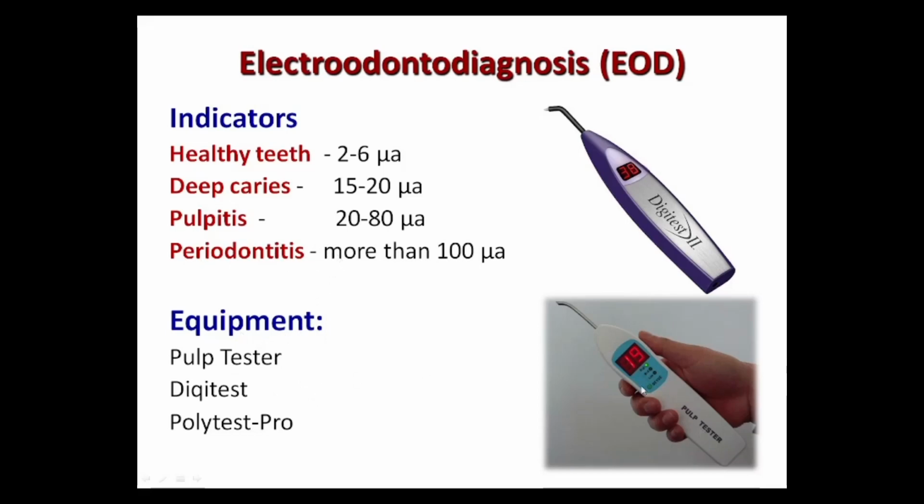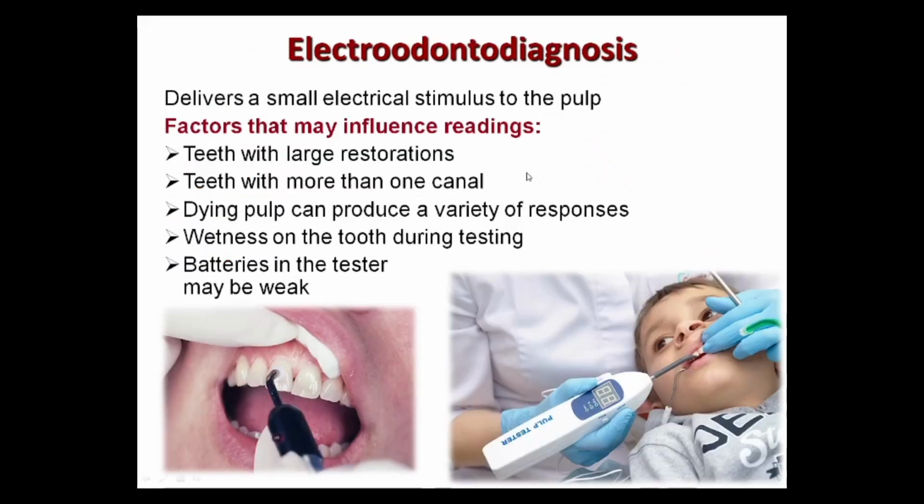And as for equipment, pulp tester like this, like previous slide, you can see number of electrical current, and for example like this digitest also for electroodontodiagnostic EOD. And also about EOD, it delivers a small electrical stimulus to the pulp.